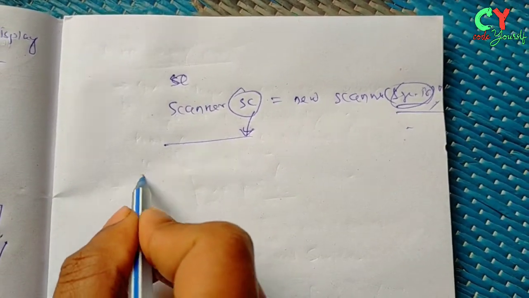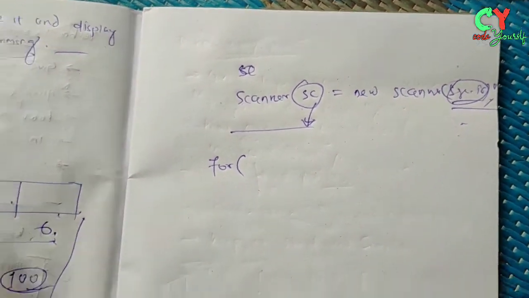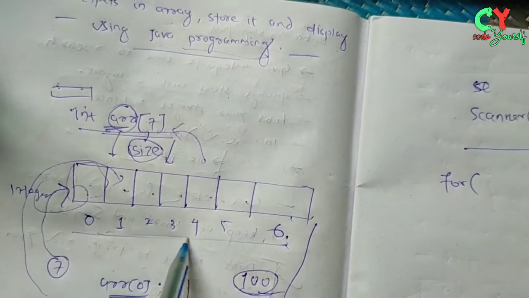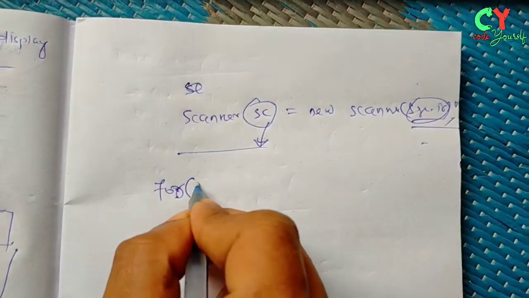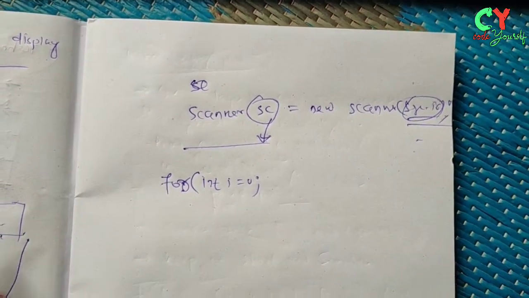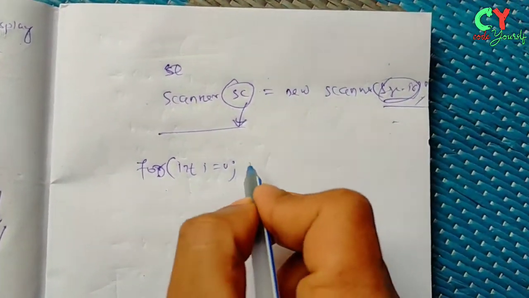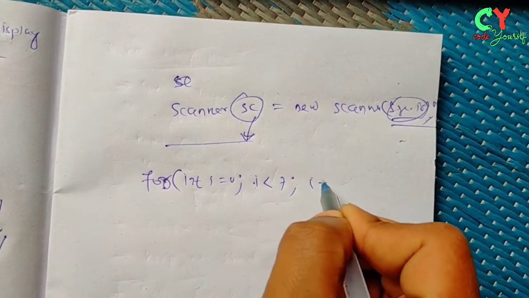Look how. We have to store 7 elements, so the for loop starts from int i equal to 0. It will go up to 7, I mean i less than 7, and it will increment.